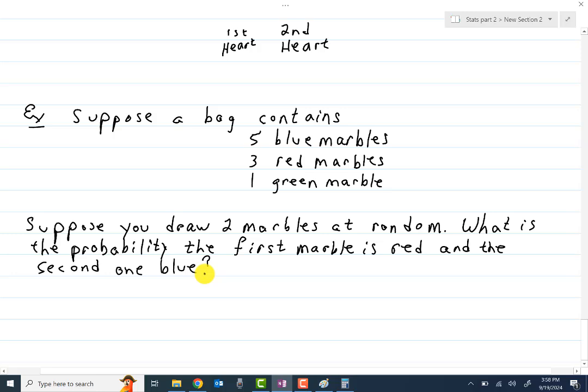As before, I'm going to give you 2 things, with replacement and without replacement. So part A will be with replacement, and part B would be without replacement.